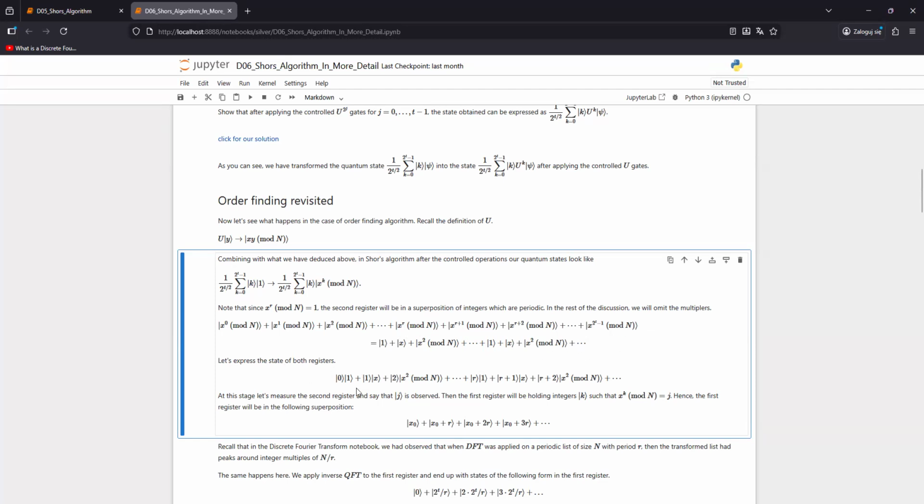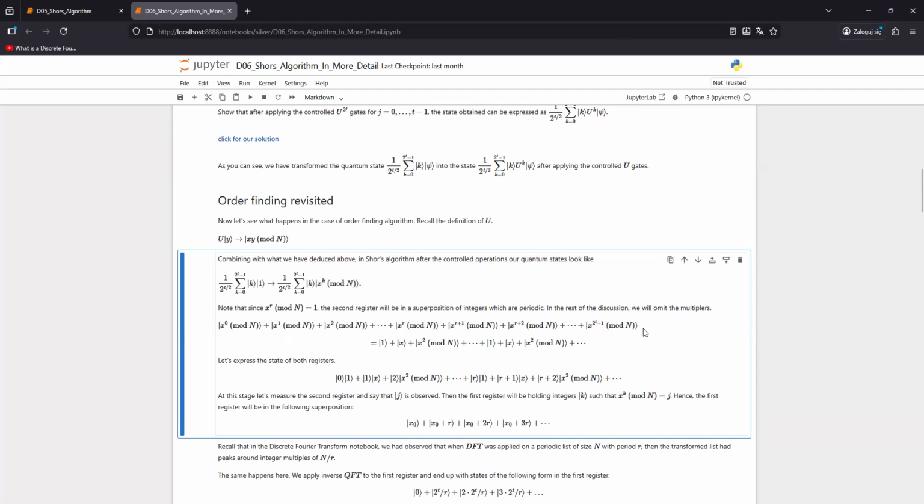And now if we combine this register with the one we talked about previously, we will get the following state. From the first register, we have all the numbers from 0, then 1, 2, and so on, finally r plus 1, r plus 2, and so on.